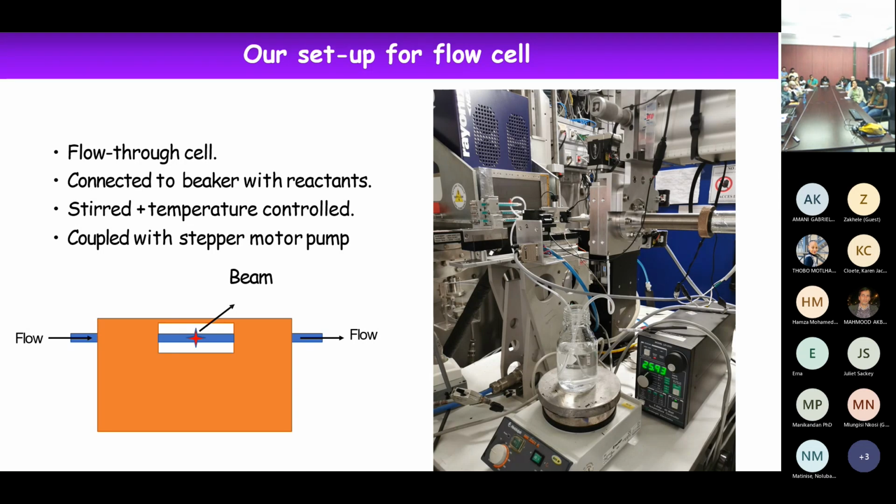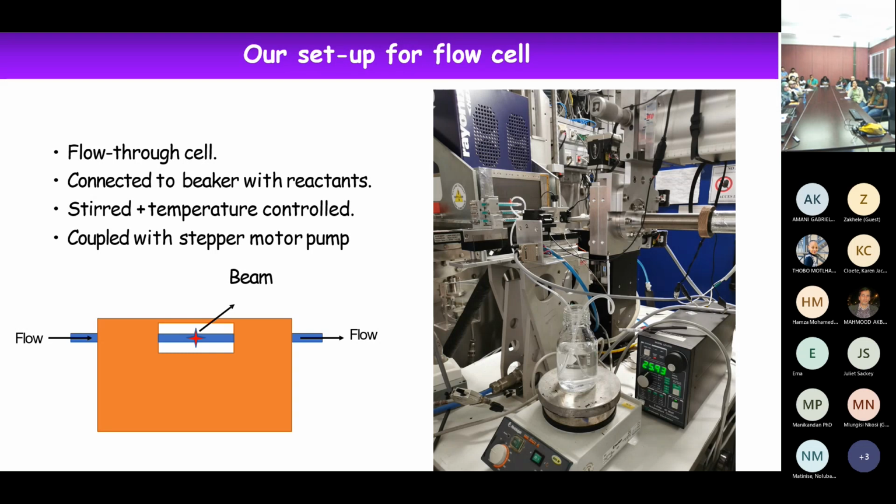So you mix this, and of course, as soon as you mix the two solutions, the precipitation reaction starts. But at the same time, you have a pump, and you pump the solution through this setup, which goes into a capillary, and you shine the beam inside the capillary.